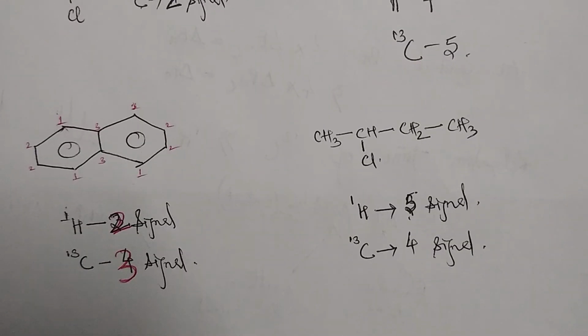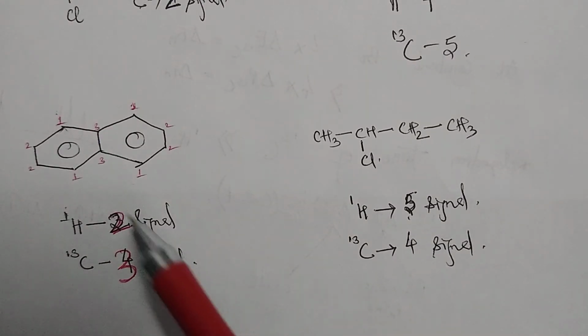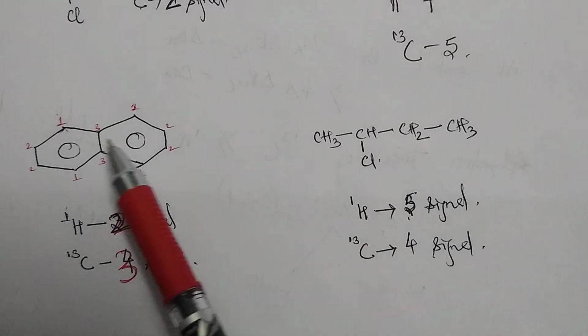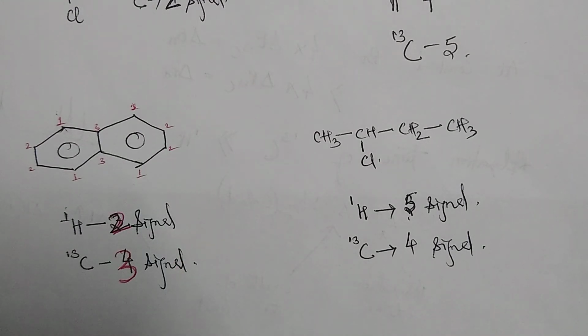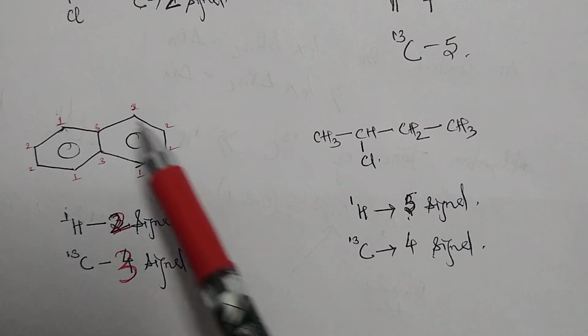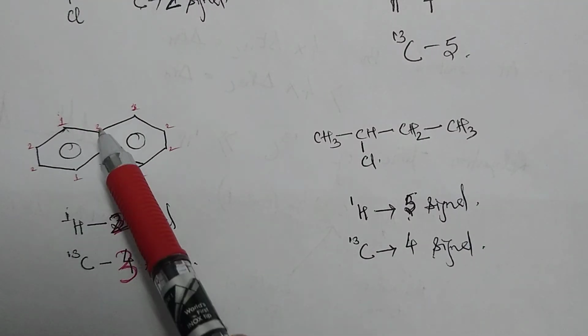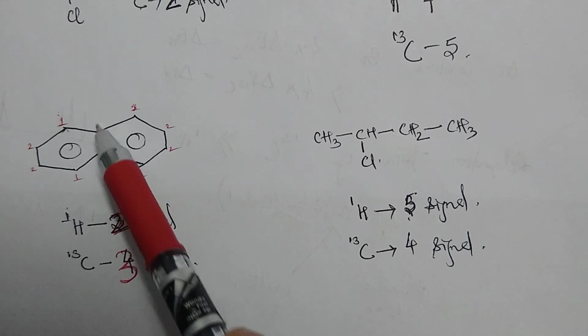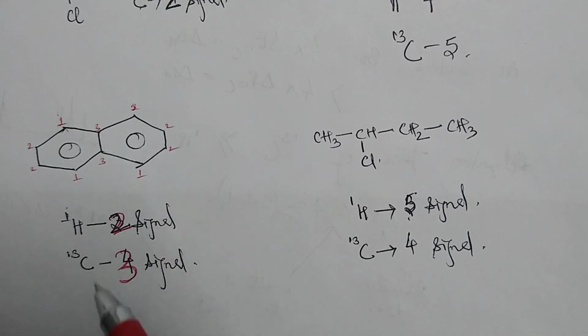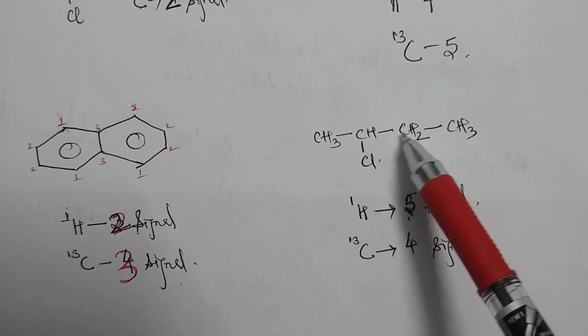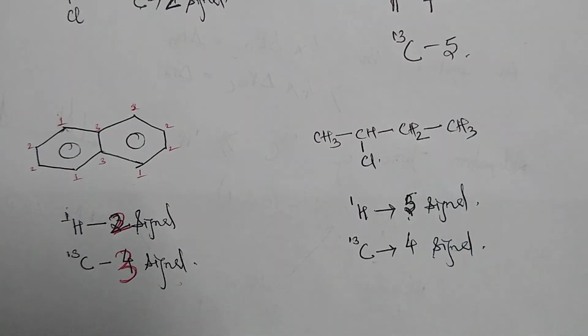Now we will see this example where we have benzene rings fused to each other. We will have one kind of carbon, another kind of carbon, and a third kind of carbon in this fused center over here. So we will get 3 signals in the 13C. Likewise, in this case we will get 1, 2, 3, 4 signals in the 13C.